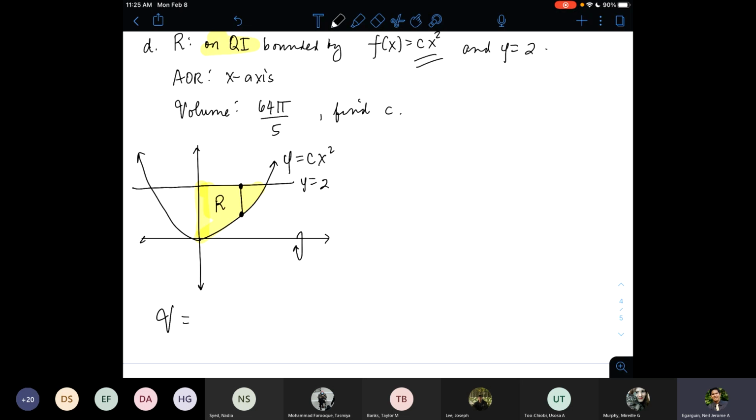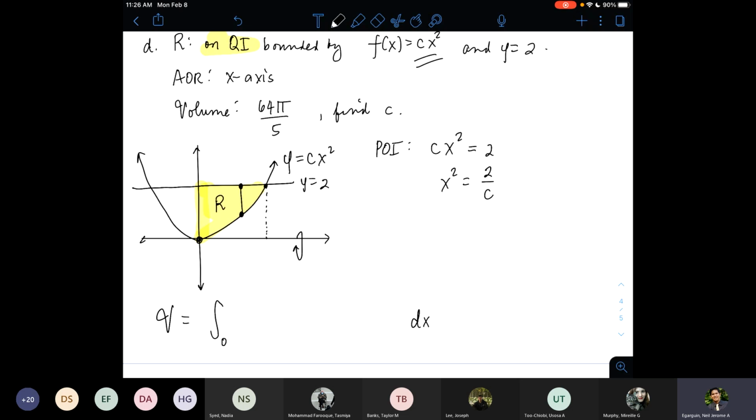So the volume will be given by an integral in the variable x. We need to determine the starting x value and the ending x value. For sure the region will start at x equals 0 because it is on the first quadrant. The region will stop at the point of intersection, so we put those two functions equal to each other: cx squared is equal to 2, so x squared is equal to 2 over c.